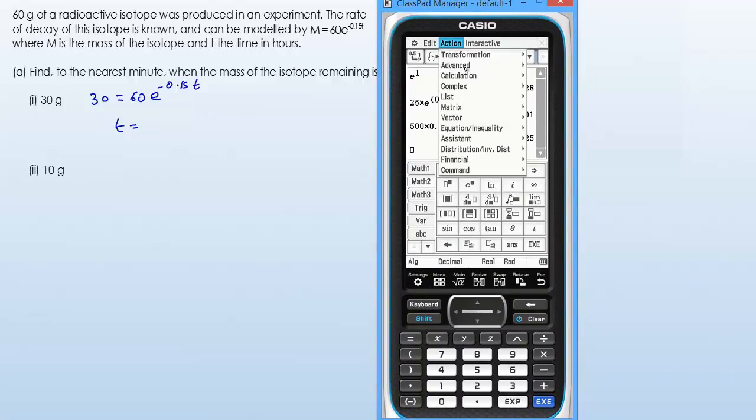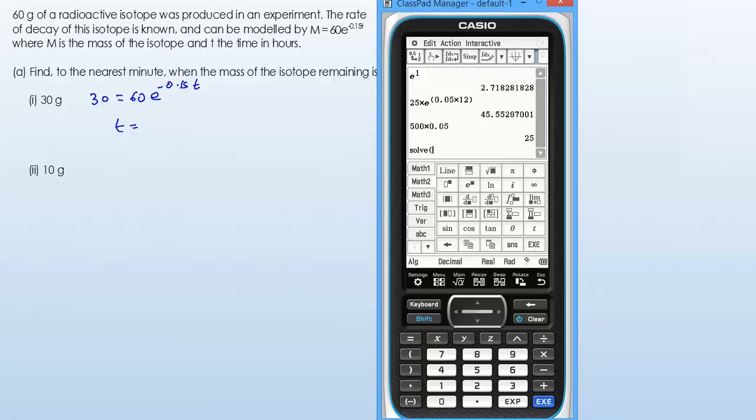So action, advanced, solve, and then I'm going to put 30 equals 60 times e to the negative 0.15, and I'm going to use x rather than t. Remember, we solve automatically for x, but if we want t we have to tell it. So execute, and that gives me 4.62.